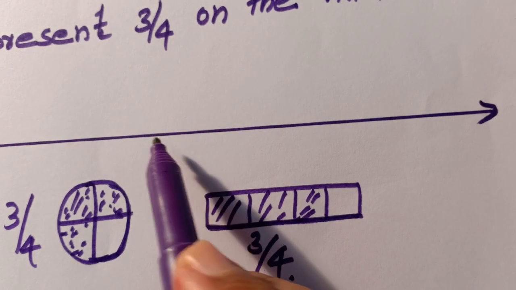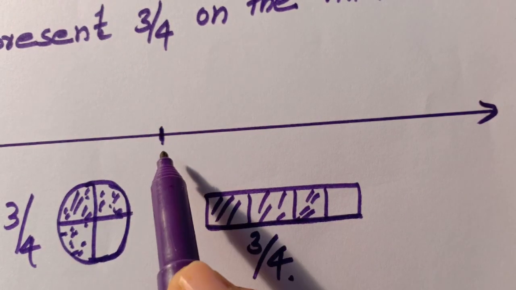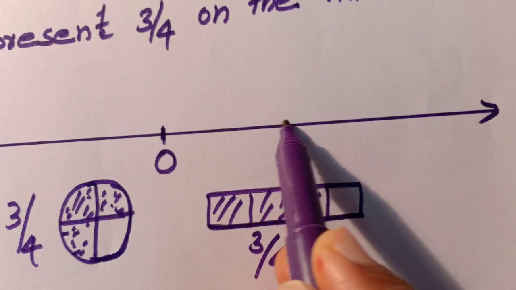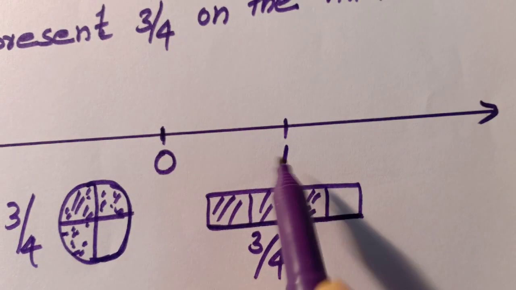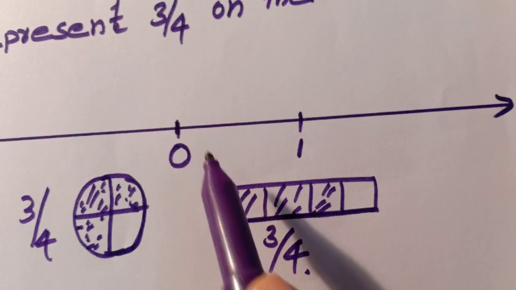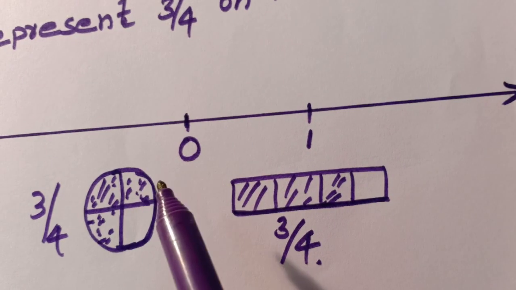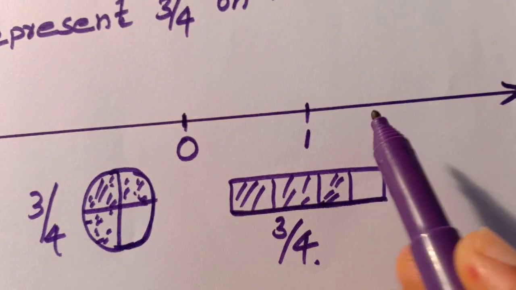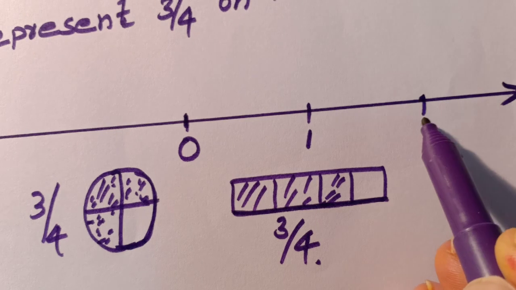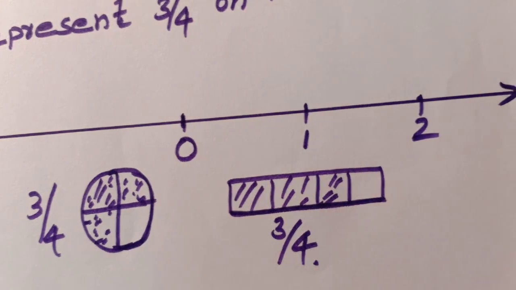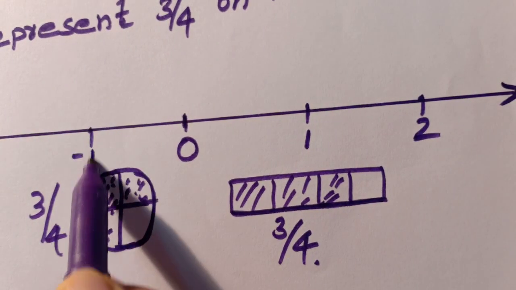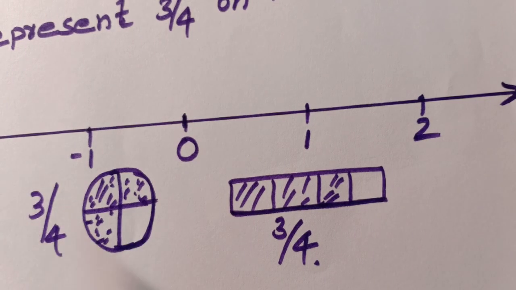So when we come to numbers, suppose this is the representation of 1. This is 1 unit, this is 2 units, and so on. This is minus 1, minus 2, and so on.